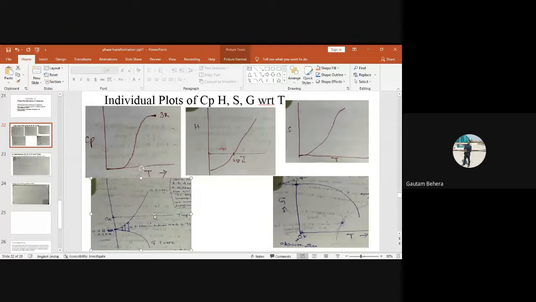With increasing temperature, entropy is also increasing, so the gap increases. Initially the gap is small, then with increasing temperature the gap keeps increasing, right? So Ts is increasing. And you can see enthalpy is equal to 0 at 0 degrees Kelvin.